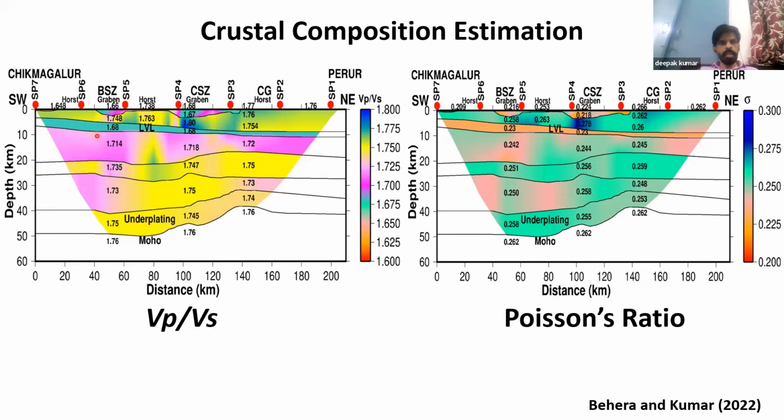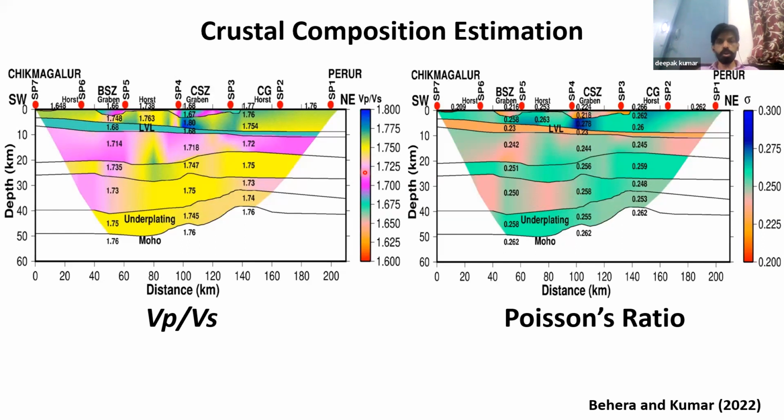So we see there are lots of structures present in this particular area, and also here this is the Closepet granite. We can see the presence of Closepet granite here. The Chitradurga shear zone, some kind of structure here, and here we see some kind of structure, and here also.